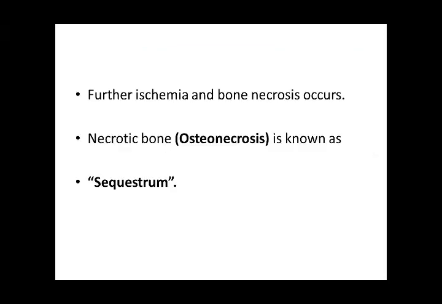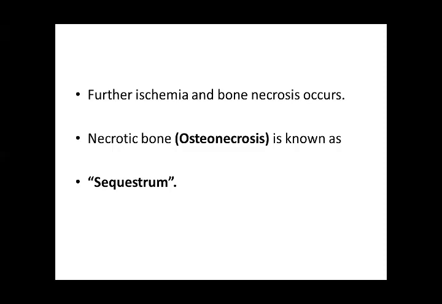Further, ischemia and bone necrosis occurs. Necrosis, osteonecrosis. Let me tell you, when the infection manages to kill the bone, it may cause osteonecrosis. The dead portion of the bone is called the sequestrum.